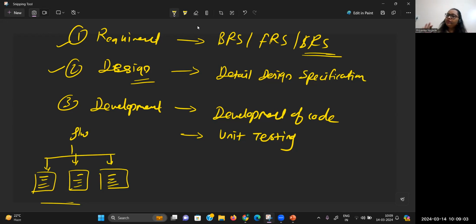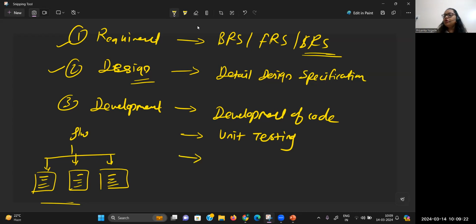So unit testing is always the responsibility of only and only a developer. Make sure that this is the first level. Whenever code is ready, it will be reviewed by the tester, and by the developer too. But actual unit testing is always done by the developer.